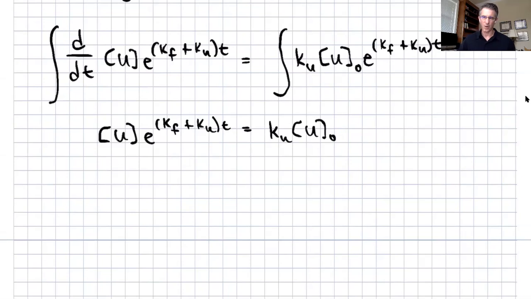Turns out that's not so hard either, right? You just end up with the same function or the same form here, but we have to divide our pre-exponential term by what's multiplying our independent variable there, which is essentially kf plus ku, right?